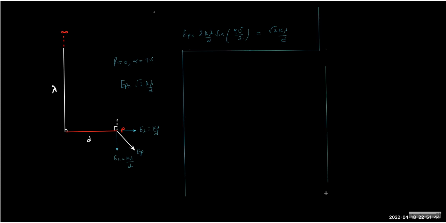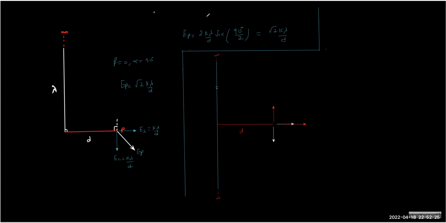Every infinite wire we can think of as two semi-infinite wires, correct? And we know both semi-infinite wires can create their own field. So I can say that the upper half will have a contribution on the right and below, but the lower half will create a right and up, correct?